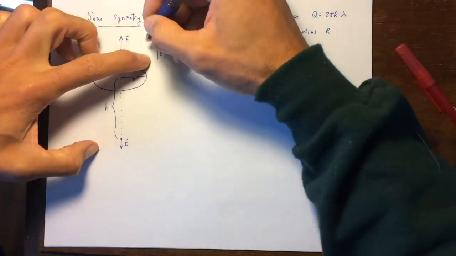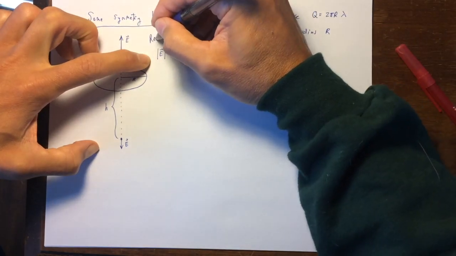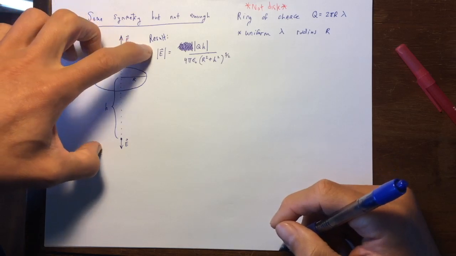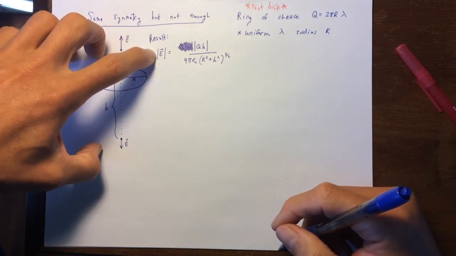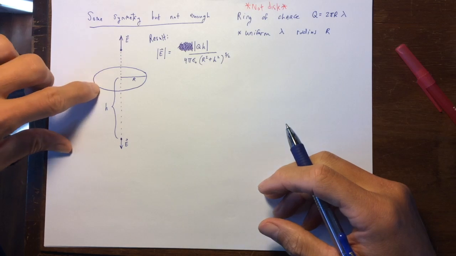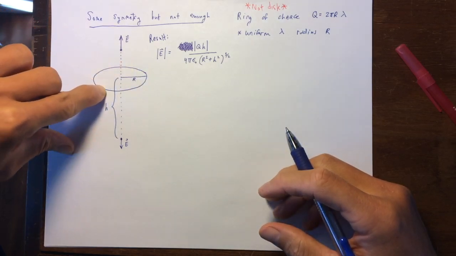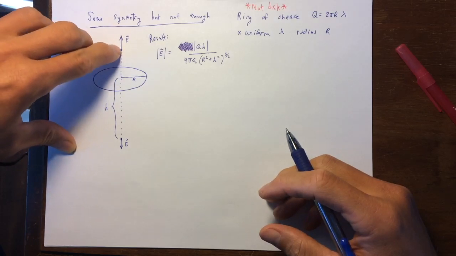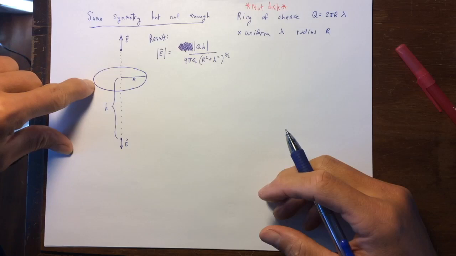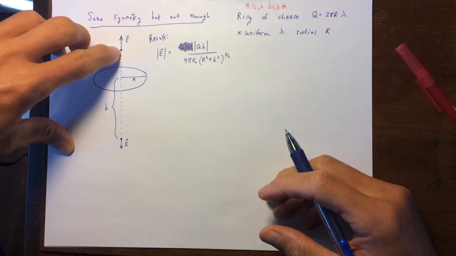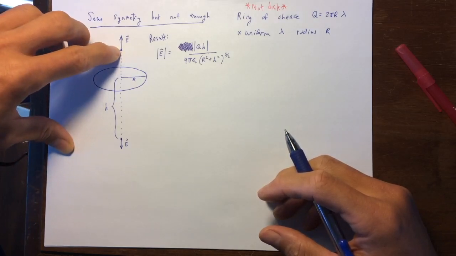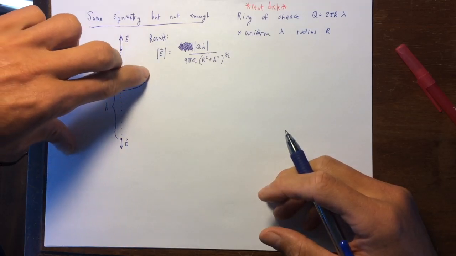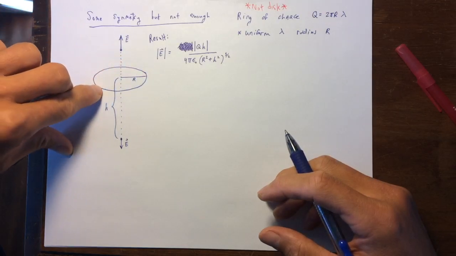From before, this is a result of using the Coulomb's law version of calculating the electric field. What we had to do was we imagined splitting this charged ring up into little charge elements, and then going somewhere and asking what is the electric field from each of the charge elements, and then calculating using the superposition principle the net electric field there by integrating up the contributions of electric field from all of the point charges around the ring.